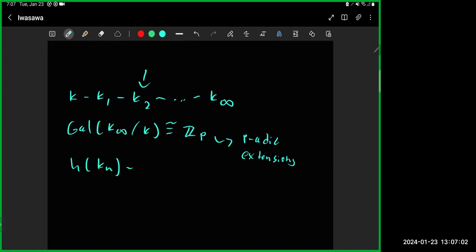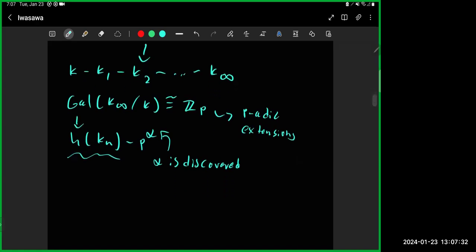Specifically, you can find the exact order of whatever prime number is dividing this class number. So there's a nice pattern for this alpha. And here, to repeat, this is the maximal power of p that divides the class number.